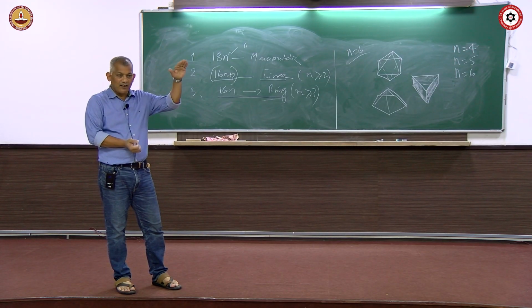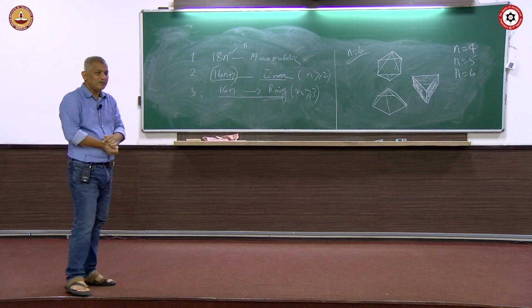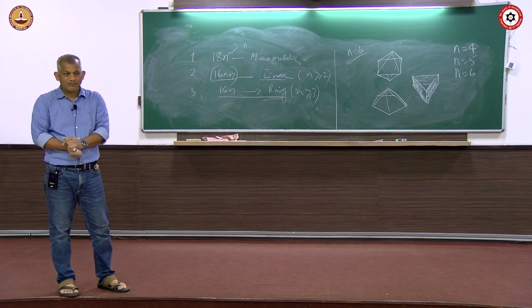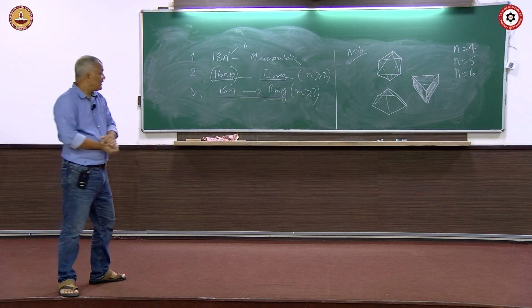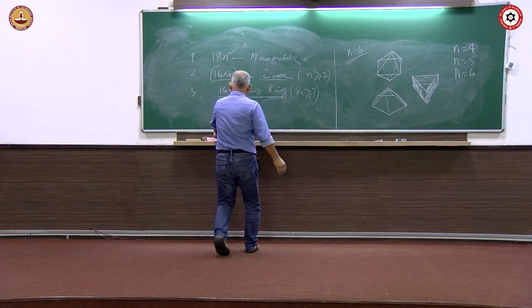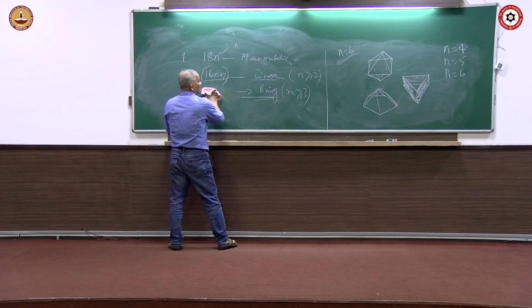Should I go further? Let's see how good you are. N equal to 7? Very good. Next. Pentagonal bipyramid.